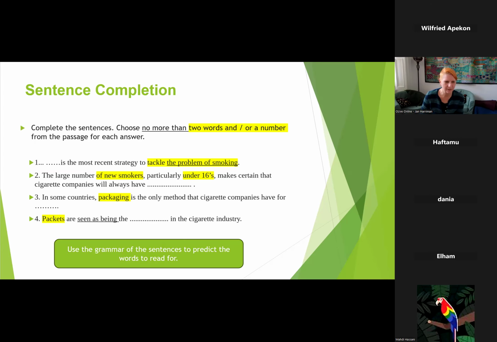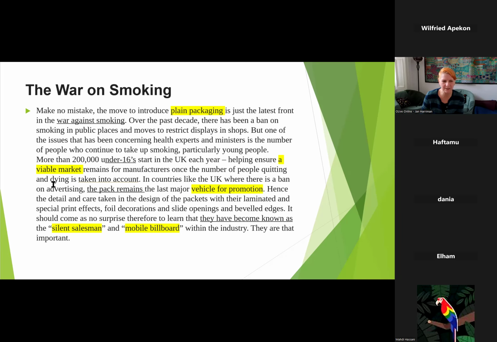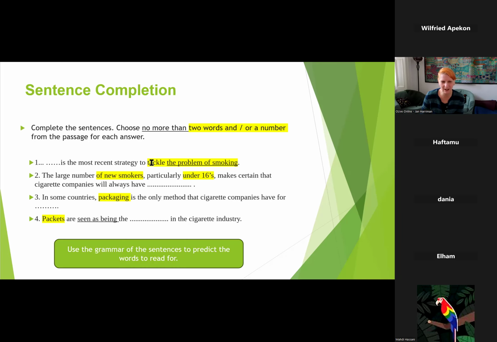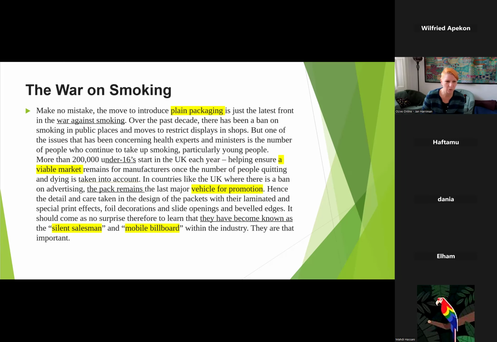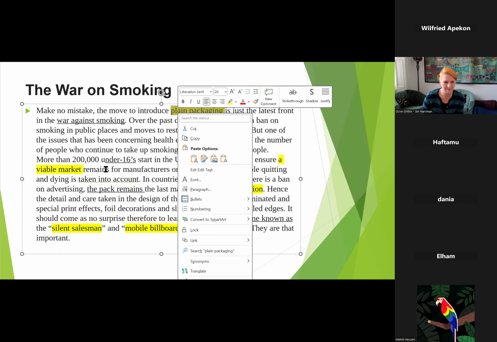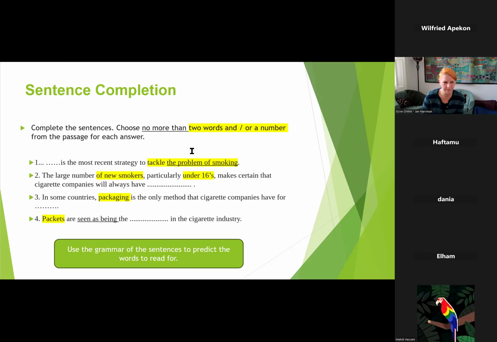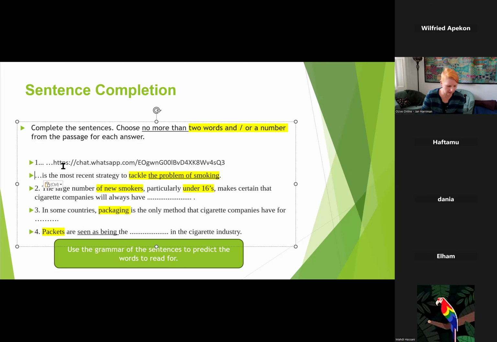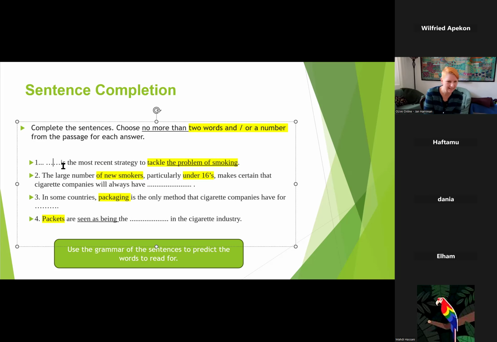So in the first one, the war against smoking is a synonym of tackling the problem of smoking, right? And what is being used? Plain packaging. I'll just type it. Plain packaging.